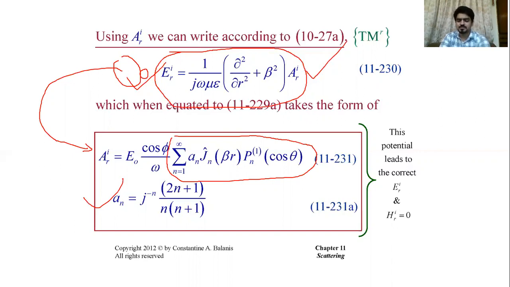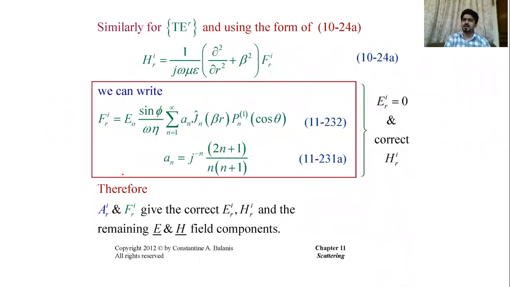So now we have the expression of A_r. Similarly, for TE to r, we can follow the same procedure. We can equate the expression of H_r, and from that we can derive the expression of F_r. So now we have derived expressions of A_r and F_r.